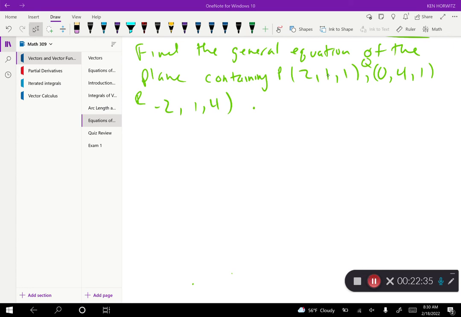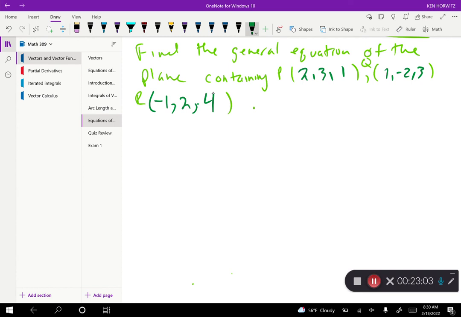I can change up the points, that's no big deal. We'll call it (negative 1, 2, 4). I'm changing up the example a little bit on the fly.